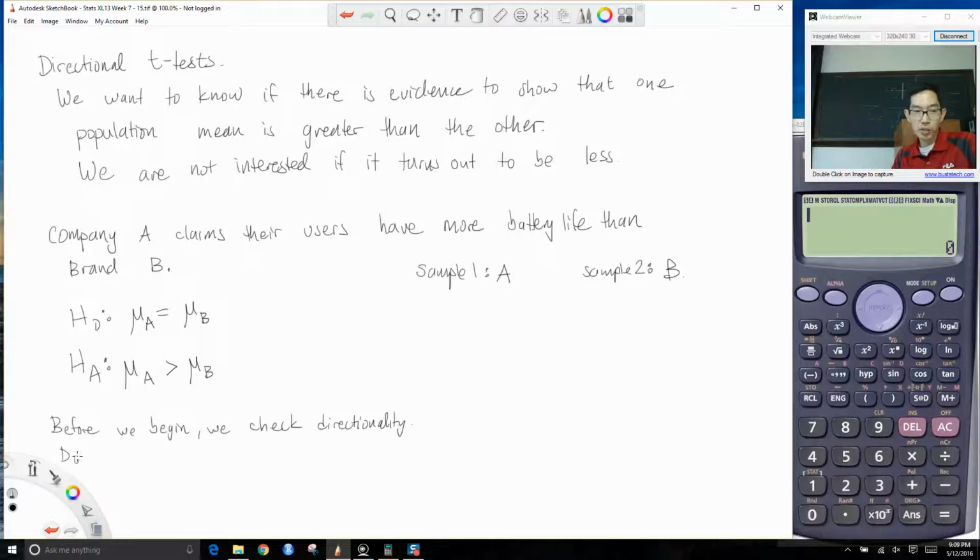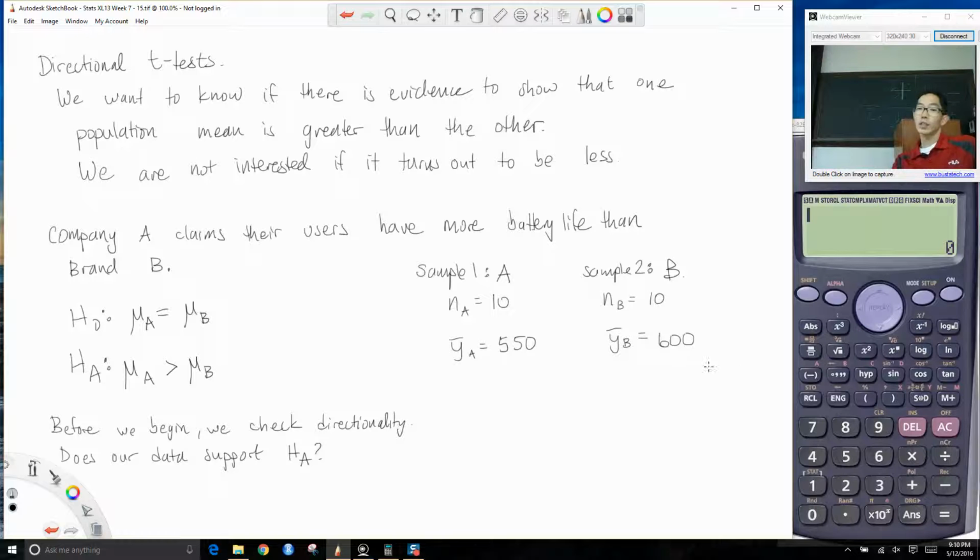Does our data support the alternative? Let's say we get 10 from group A and 10 from group B, and we'll say y bar of group A is, I don't know, 550, and y bar of group B is 600.